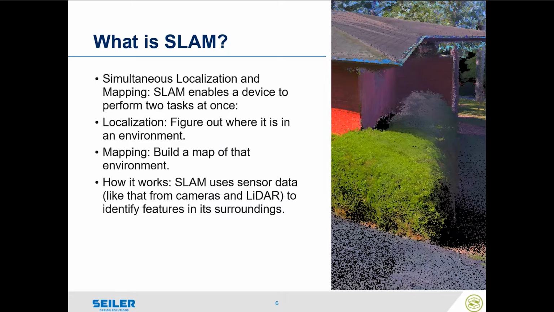So as it scans and picks up data, it is also registering that data live, using things it has seen from different positions, so it's a continuous registration and mapping product. SLAM uses sensor data like from cameras and LiDAR to identify features in its surroundings.